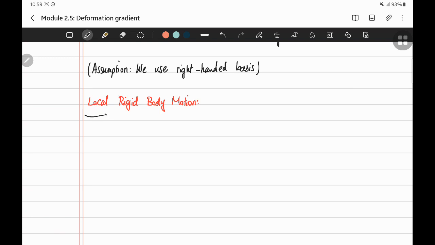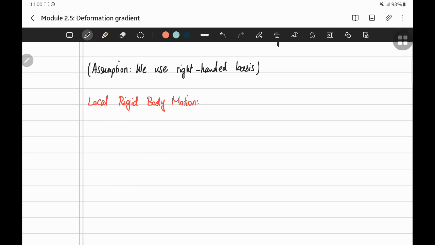It decomposes of two important parts: the first one is local, and the second one is rigid body motion. The first indicates that we are dealing with a particle in a continuum where it is surrounded by an infinite number of particles, so it is local. And the second one says that it is rigid body motion, so you don't have any deformation. It is just rotation. So if you have your current configuration like this, it will rotate like this.